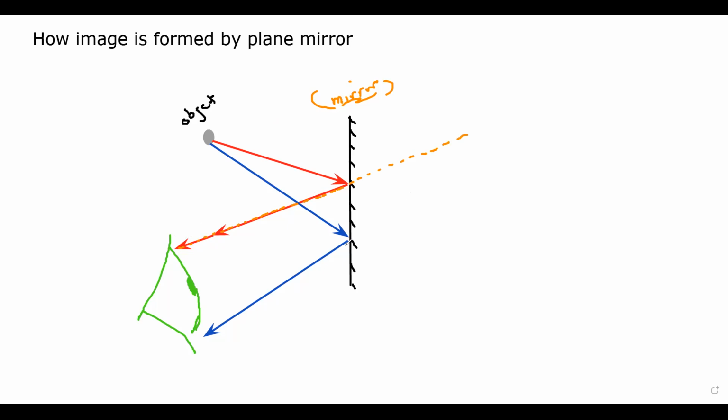When our brain creates these two light rays backward, the position where they meet or intersect is where we will see the image.